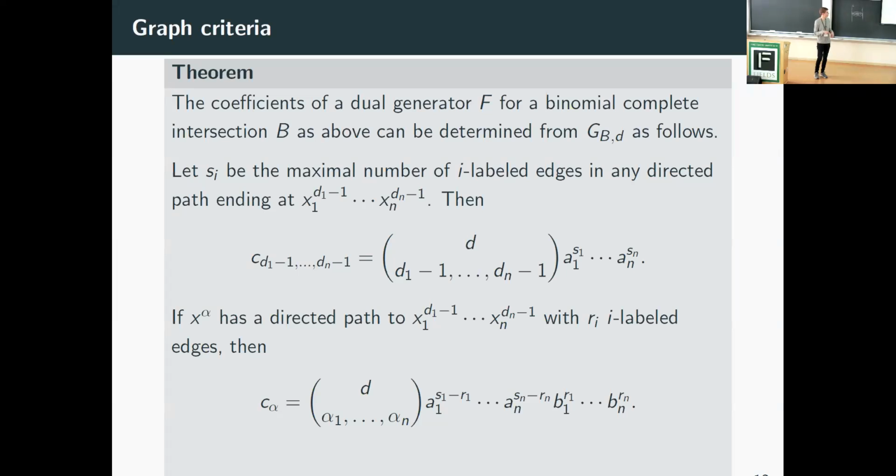And that's it. And what should we do with those going to a cycle? Well, as more or less suggested by the monomial basis case, we can take all of those to be zero. And that's it. That's an algorithm: if you can write down this reduction graph, then you can determine the Macaulay dual generator fairly easily.